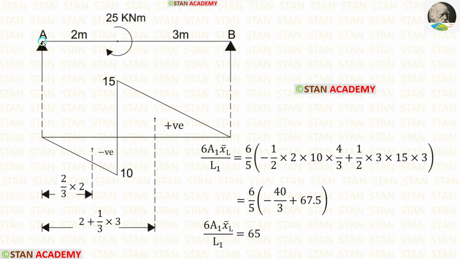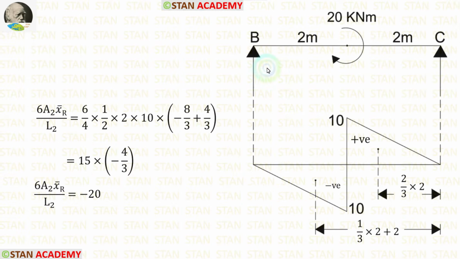But we need the centroid distance up to the point A. So we have to add this distance. This distance is 2. So totally the centroid distance is 2 plus 1 upon 3 into 3. We can eliminate this 3 and 3. Finally we will get 3. After the calculations we are getting 65.